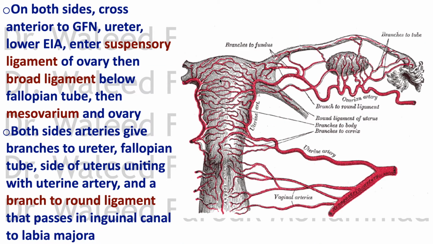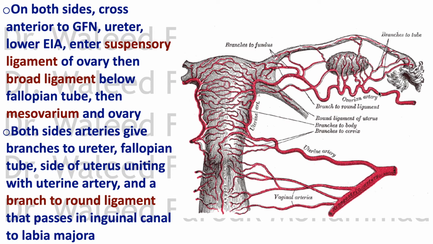On both sides, as I told you, it's related to the genitofemoral nerve and the ureter, and enters the suspensory ligament, becomes part of the broad ligament, see, and enters the mesovarium to supply the ovary.